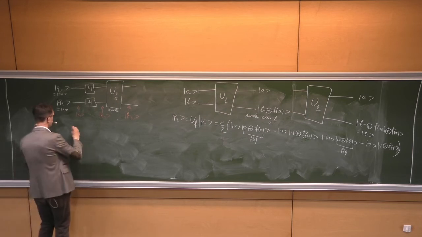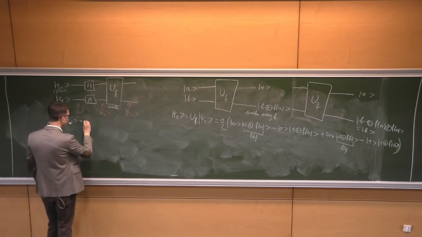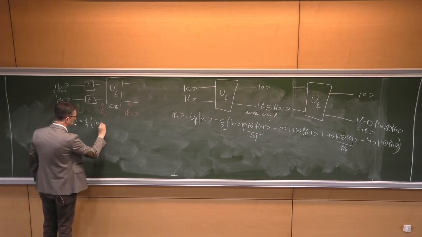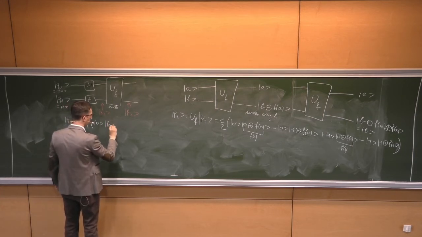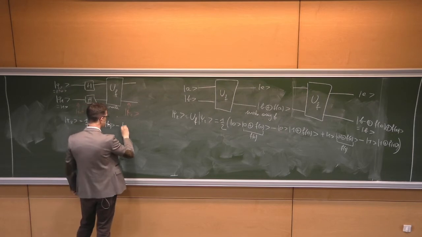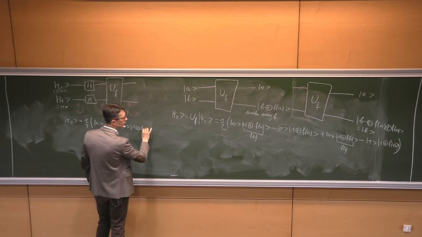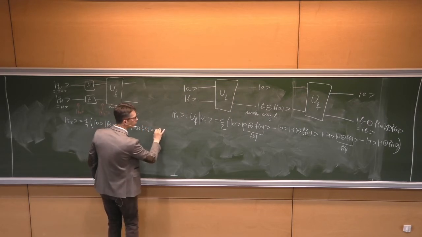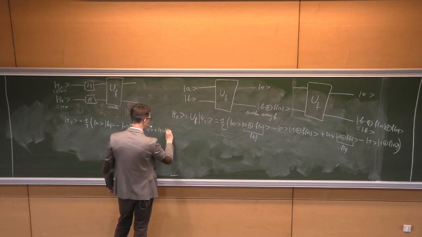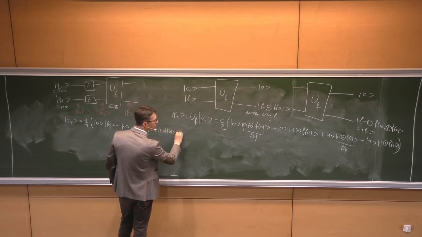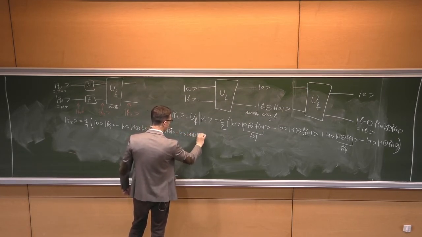So now psi 2, this is what we have there: 1/2 of 0, f of 0, minus 0, 1 plus f of 0, plus 1, f of 1, minus 1, 1 plus f of 1.